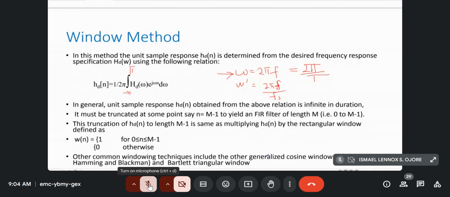It's radians per second. And of course, this normalized one, because you divide by samples, becomes radians per sample.